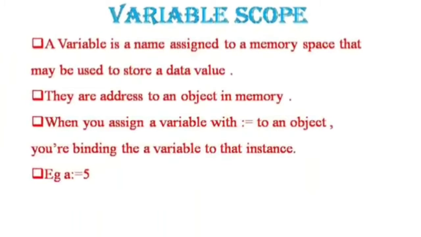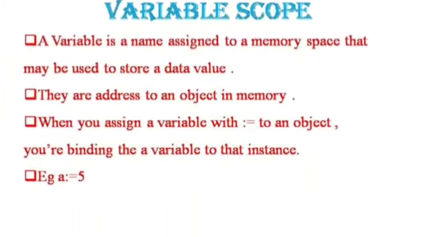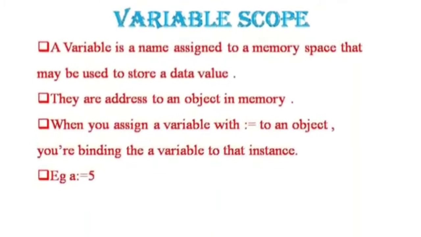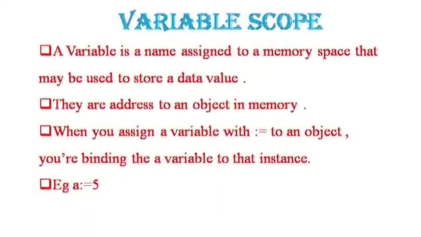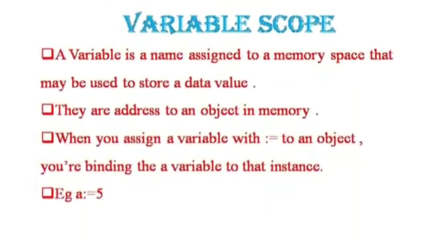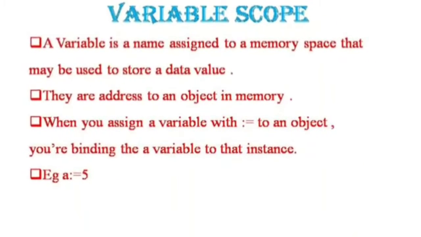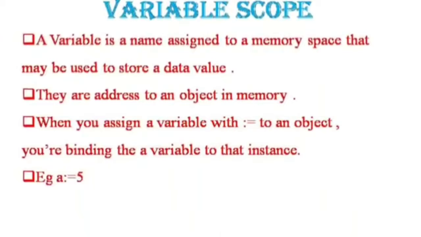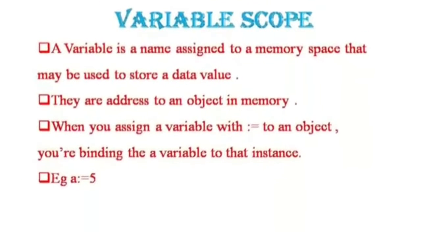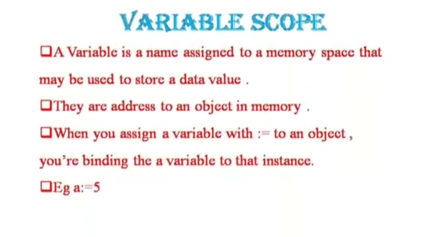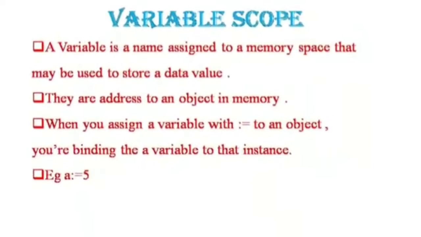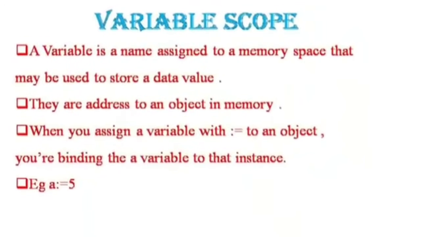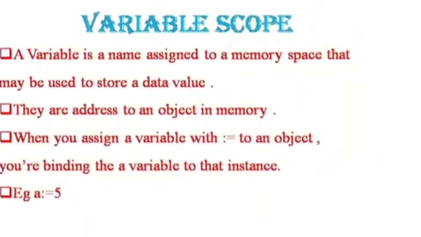When you assign a variable with colon equal to an object, you are binding the variable to that instance. Now, see this example, a = 5. A is the variable and 5 is the value assigned. Multiple variables can be mapped to the same instance.